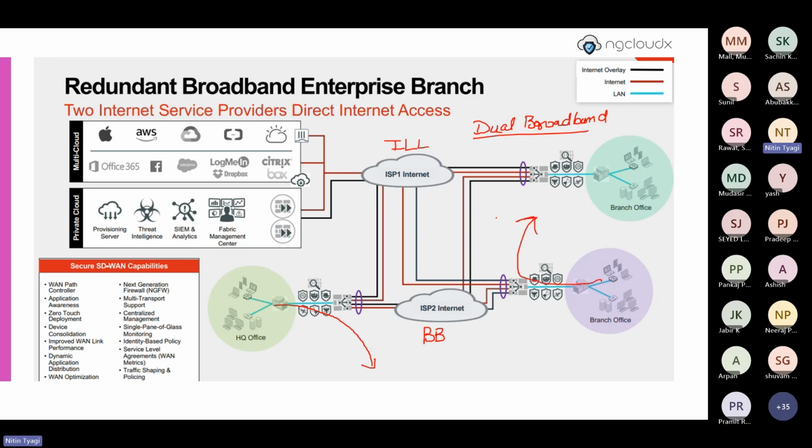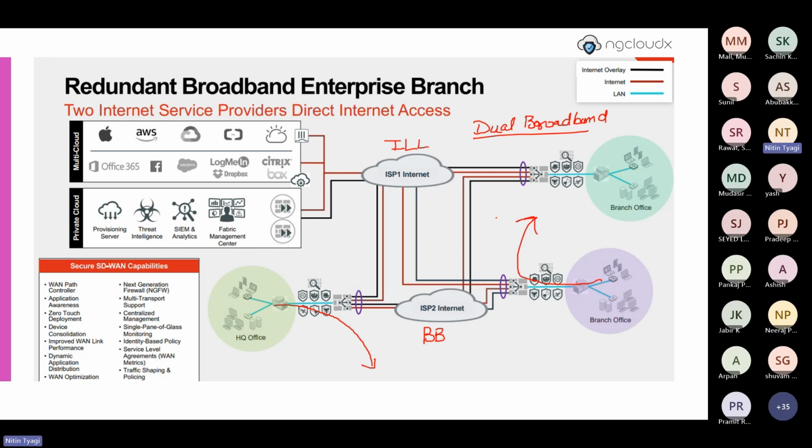Now you are decentralizing your internet access. This is what we started our discussion from, that when you backhaul your internet traffic, you are putting more load on data center, more bandwidth is needed, and latency is there. Earlier, internet bound applications were very less, but these days, internet bound applications are huge, right?